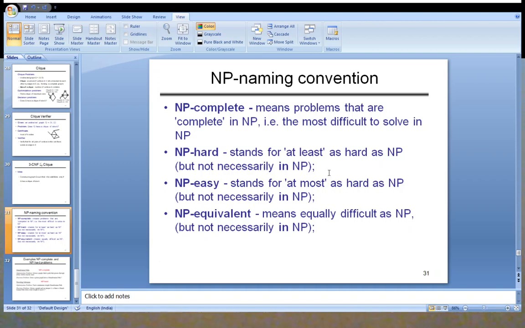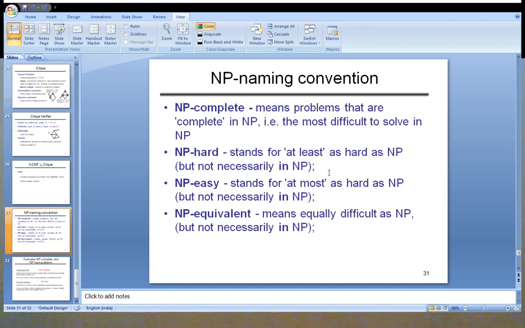Now we shall discuss the NP naming conventions. NP-complete problems are the problems that are complete in NP, that is, the most difficult to solve in NP. NP-hard stands for at least as hard as NP, meaning the NP-complete problems are the most difficult ones, but NP-hard problems are at least as hard as NP.